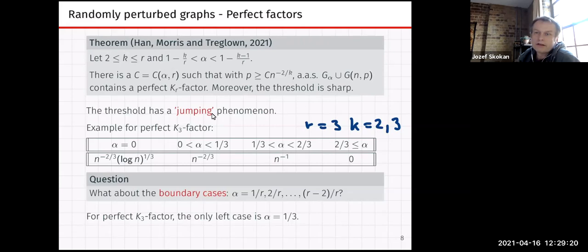So you only need to throw in linearly many edges to be able to find a perfect K3 factor.